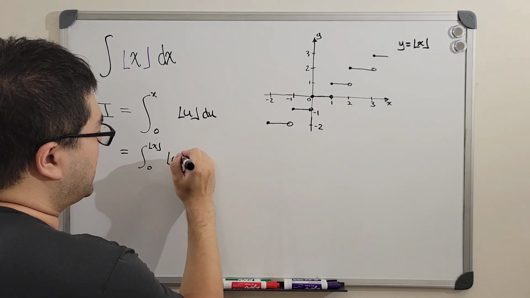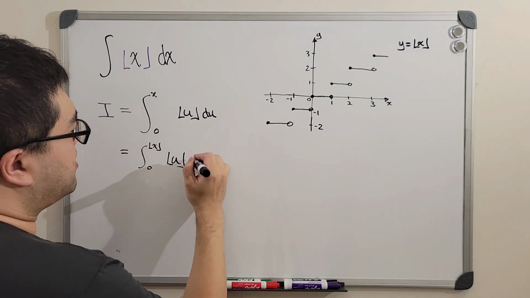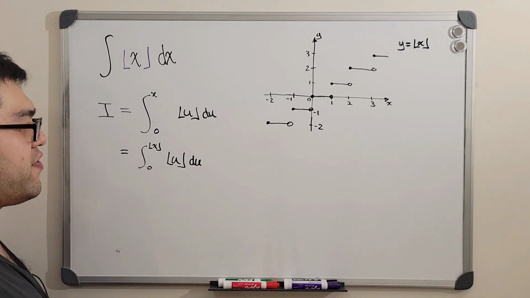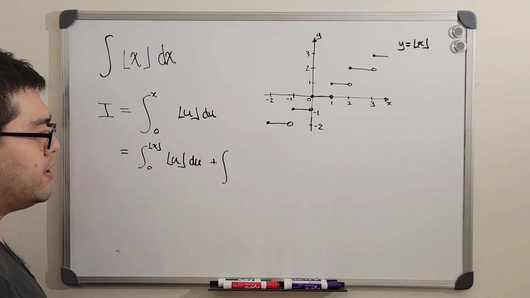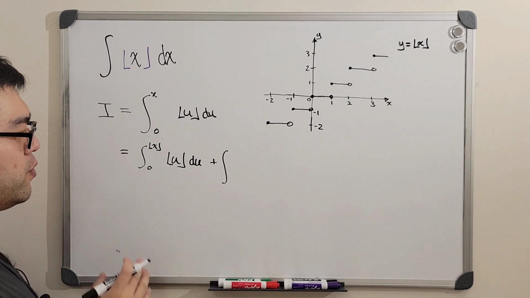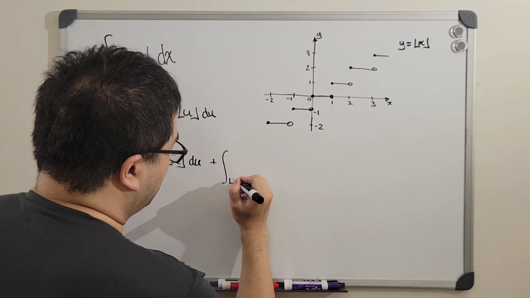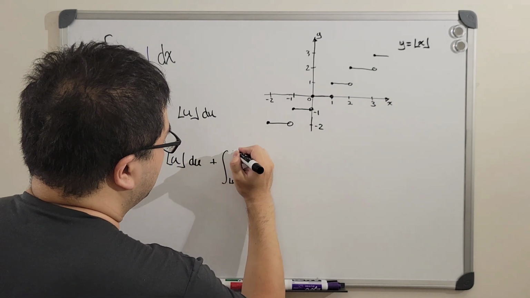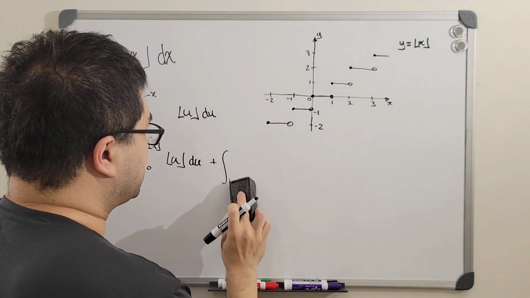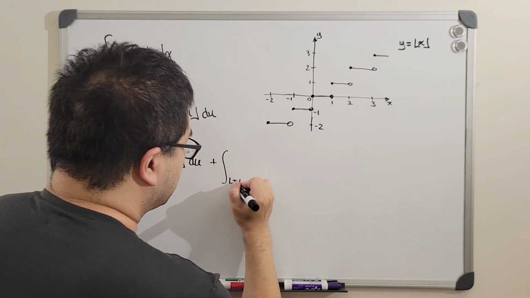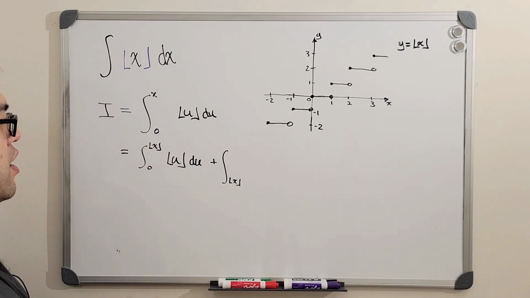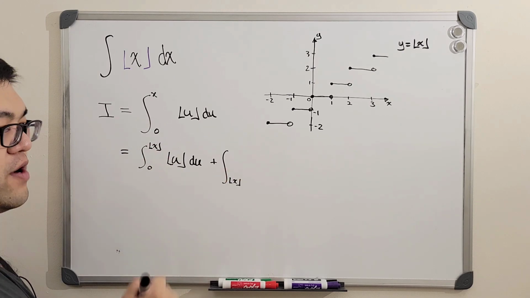Then by the second part of the fundamental theorem of calculus, we can divide up an interval into two parts where the break-off point is the upper bound of the first half and the lower bound of the second half.